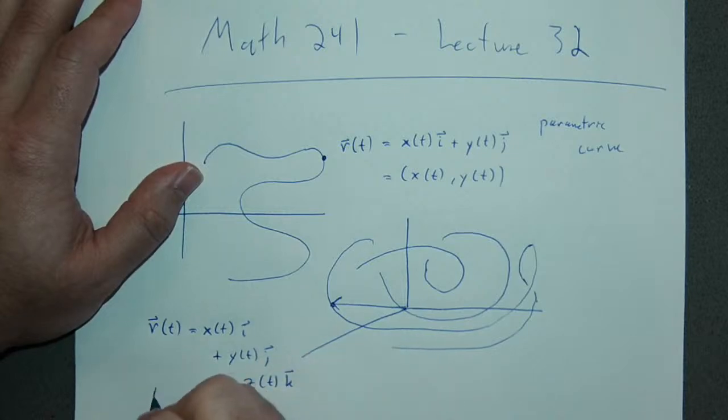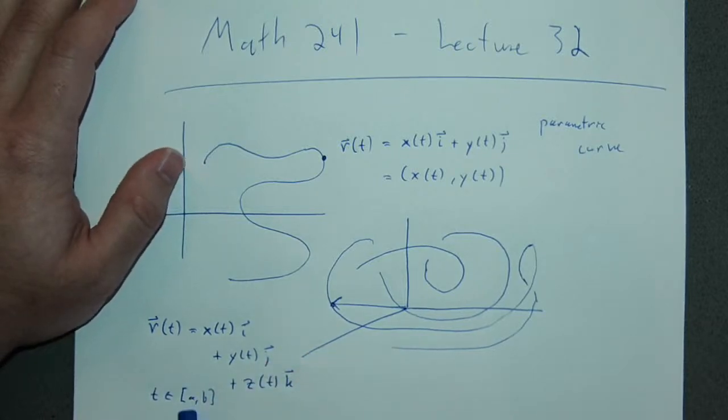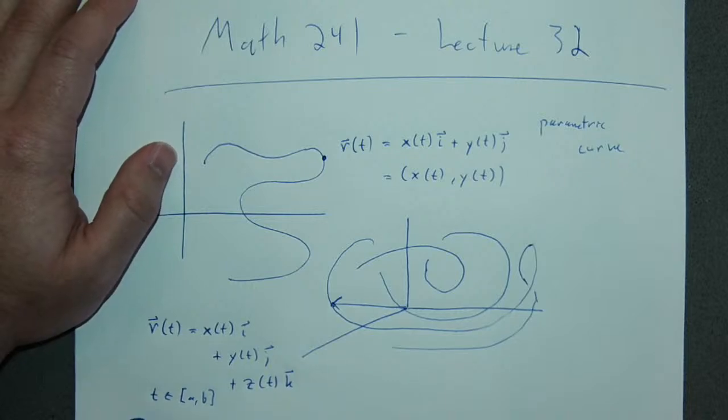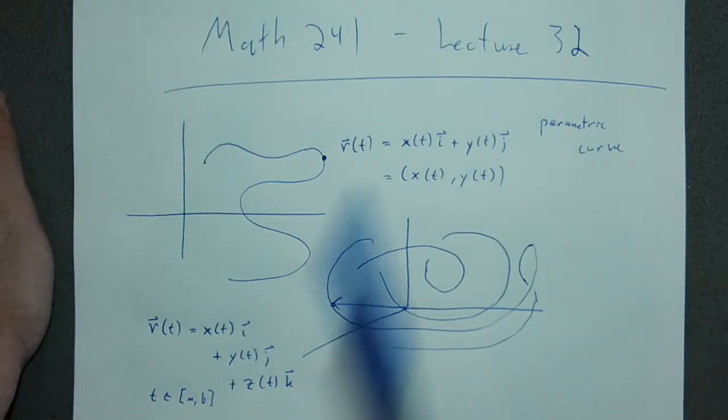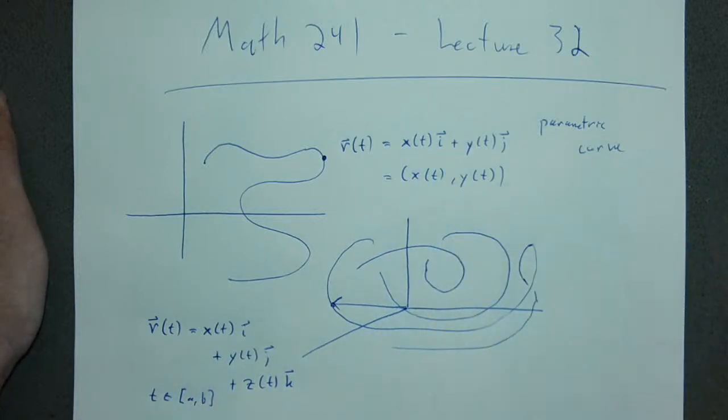And t, your parameter, lives in some window, right? So maybe your t lived in just the reals, so t could be anything. And in that case, maybe you had some curve that was infinitely long. It went all over the place, right? So if you had a line, for instance, and not just a piece of that line, then maybe t would live in all the reals.